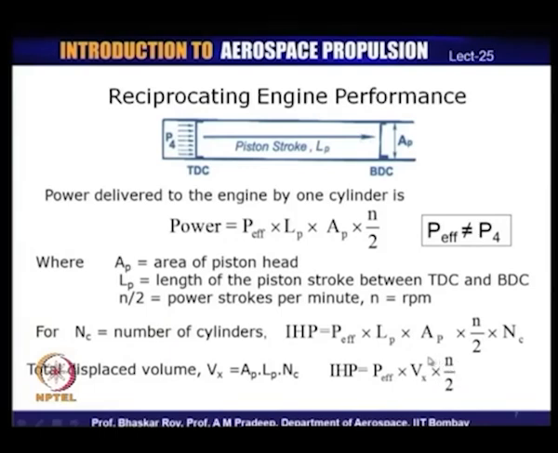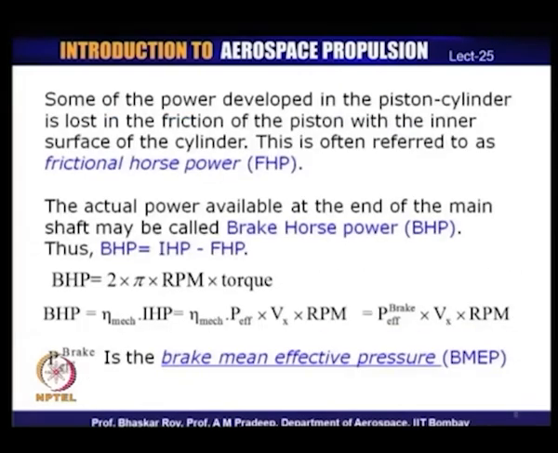That gives us an idea about the mechanical estimation of the indicated horsepower. We have earlier defined indicated horsepower from the thermodynamic cycle diagram. Now, we can have an estimation of that purely from the piston and cylinder configuration point of view.